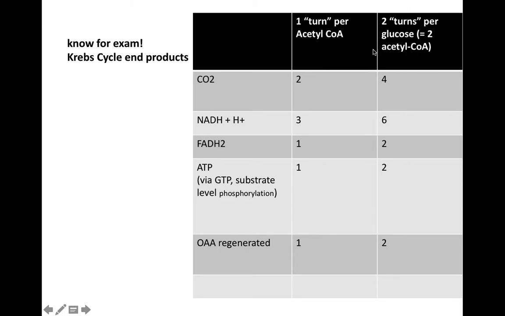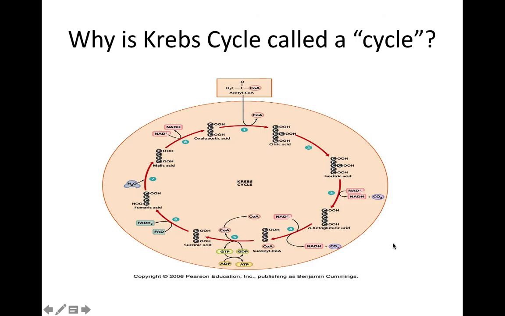So if I ask you for the number of end products of the Krebs cycle, starting with 1 glucose, you just need to remember you have to double everything. So 4 CO2, 6 NADH, 2 FADH2, 2 ATP, and we'll regenerate 2 OAA. And again, this was just to remind me to share with you the reason it's called a cycle is that we're going to end up regenerating that original oxaloacetic acid.